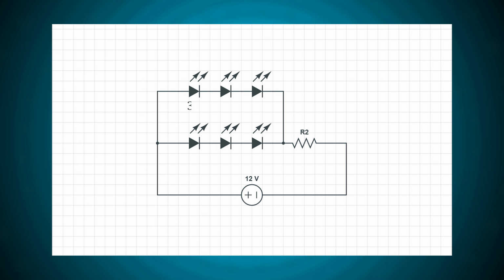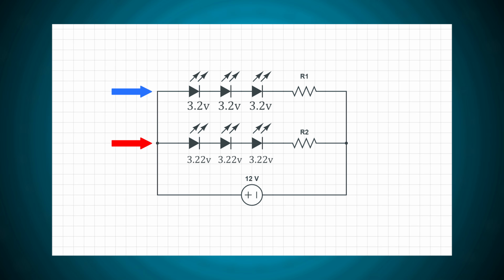Say one LED may be rated for 3.2 volts, while the other for 3.18 or 3.22 volts, which means if you connect them in parallel, current flowing through each of the two circuits will be different, which will result in different brightness. However, if every circuit has an individual resistor, we compensate for the parameter spread because that allows current in each circuit to set individually according to LED voltage drop.